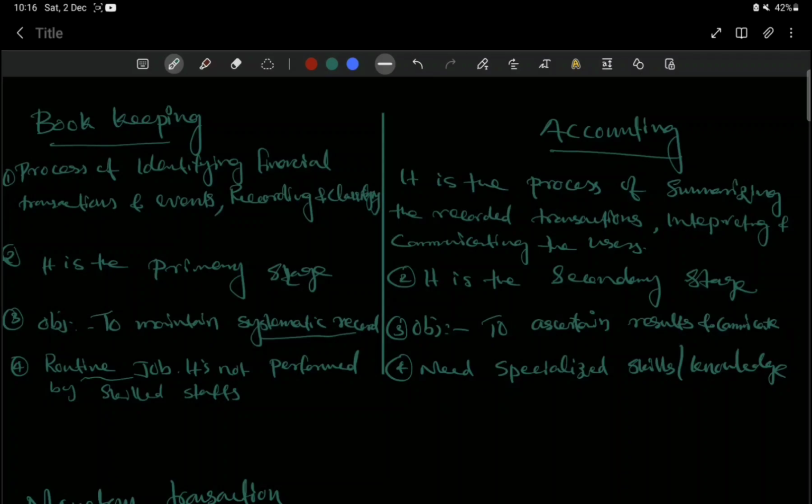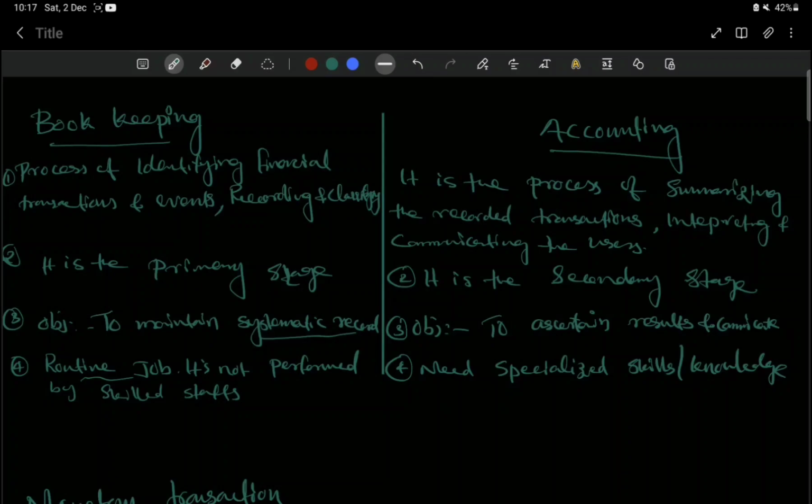Here we need specialized skills or knowledge. So these are the main differences between bookkeeping and accounting. The accounting process will be done by skilled professionals, right? Bookkeeping can be done by non-trained staff or anyone. But accounting should be done by trained staff. He should have a very good concept of accounting, the results and all.